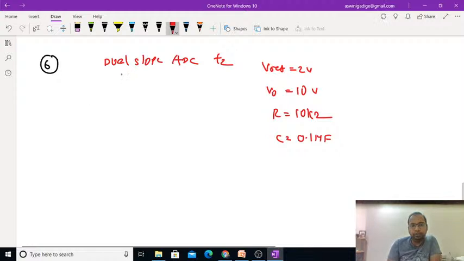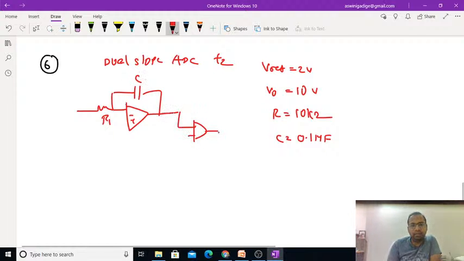If you look at the starting stage of the dual slope, there will be one integrator. Let's take it as R and C, and this integrator goes to one comparator, and then to one AND gate. Here there are two inputs, one is the input voltage and the second is the reference voltage.